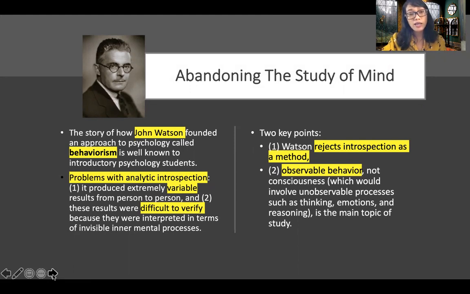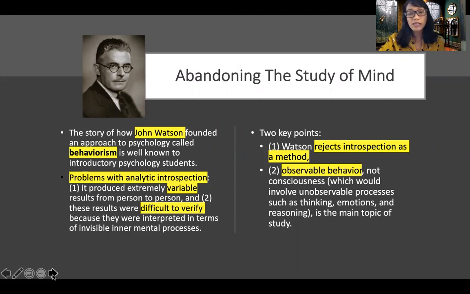Why? You might have heard the name John Watson from your general psychology class, that he founded the behaviorism approach to psychology. So he's the pioneer of the behaviorism point of view. He criticized the analytic introspection used by Wundt for two reasons.